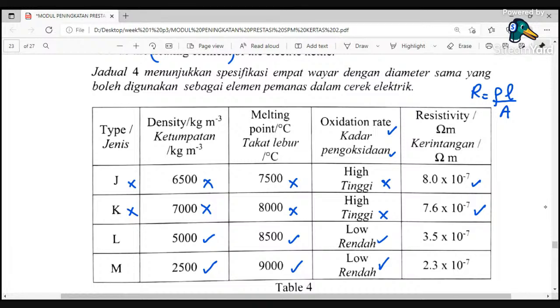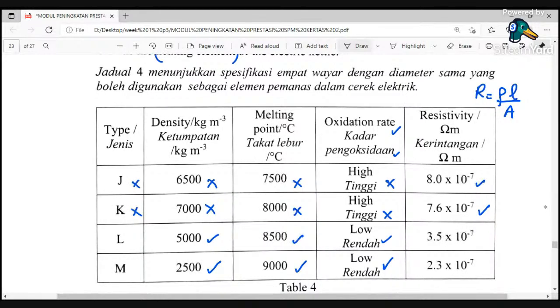So I will choose this one and remove this one. So if I look here, I can choose L.